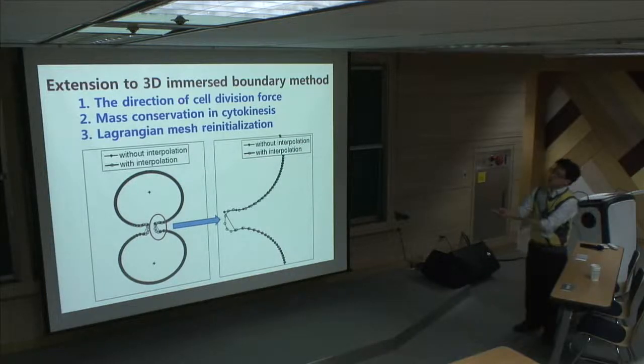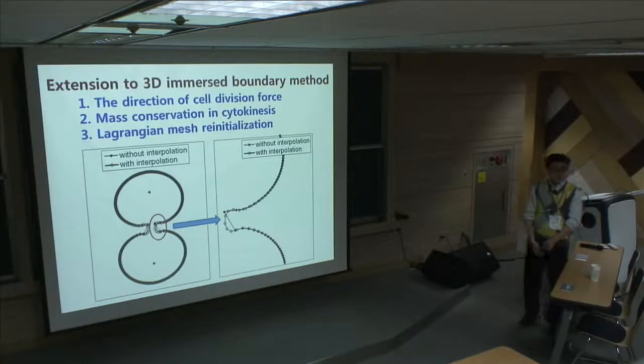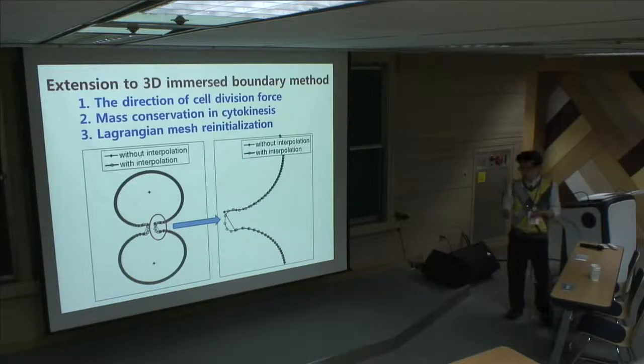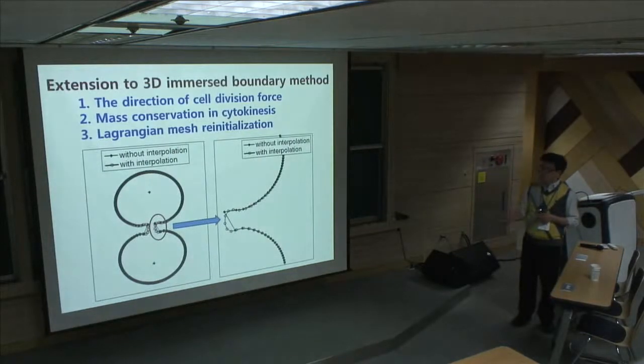So to extend to the 3D immersed boundary, we have to solve a couple of difficulties. First of all, define the cell division force direction. In 2 dimensions, we have a very simple direction, but in 3D, we have many directions. And then the mass conservation, which means initially a single cell doubles its mass.